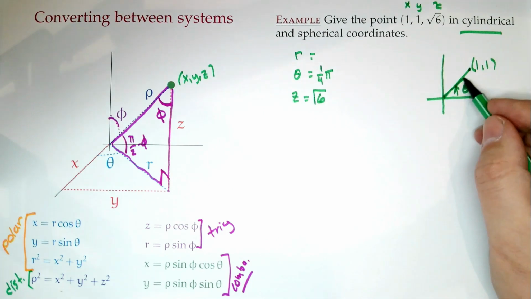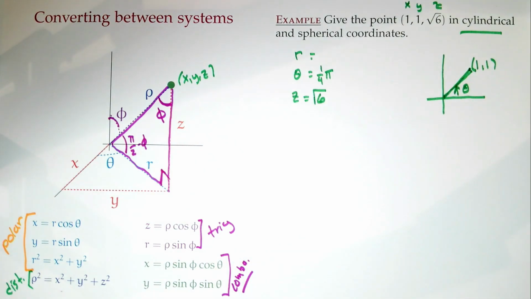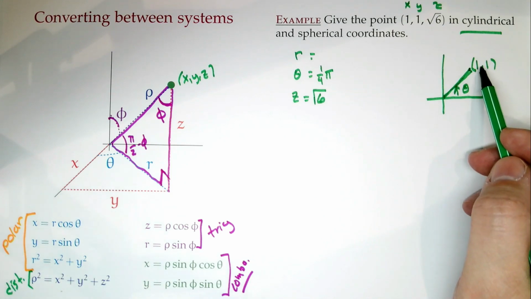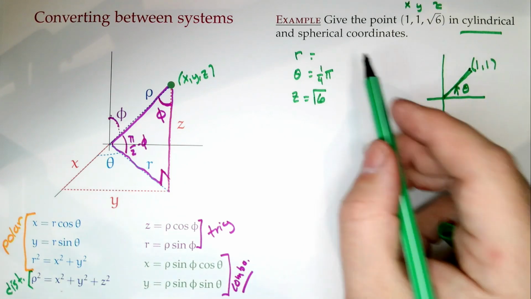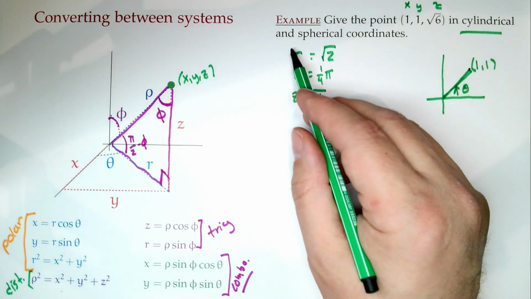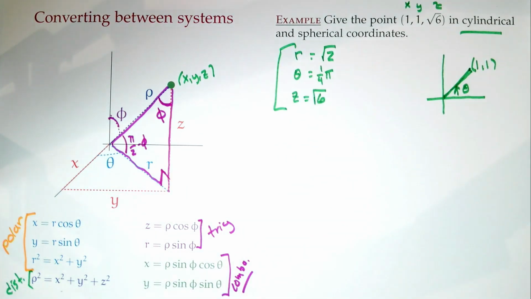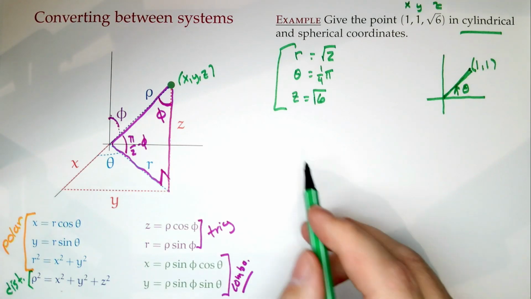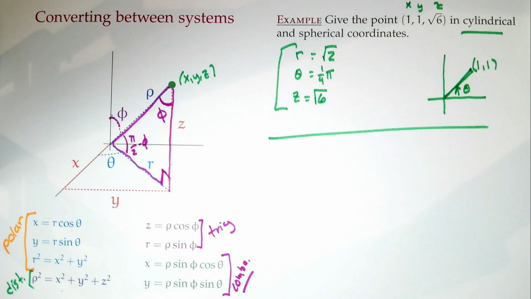What's the distance from 0, 0 to 1, 1? Square root of 2, because 1 squared plus 1 squared, take the square root. And we're done. I've now taken this point, 1, 1, root 6 in Cartesian, and said in terms of cylindrical, r equals root 2, theta equals pi fourths, z equals root 6. Well, that's half. Let's do the other half.